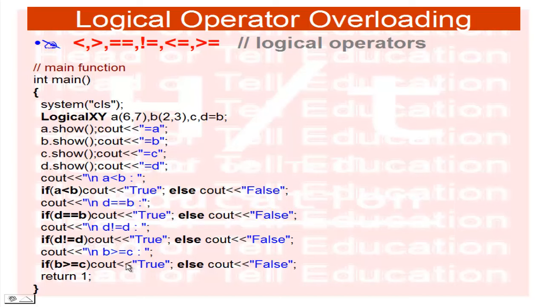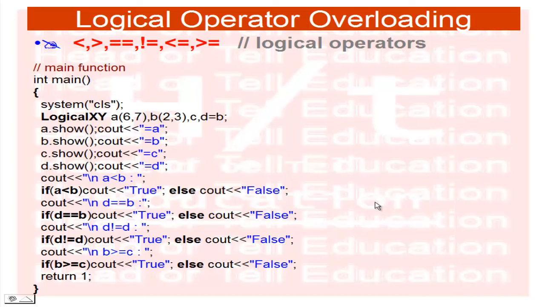And b is greater than equal to c, so again we check the comparison for our class and the result is true or false. So you have seen this feature applying less than, greater than logical operators for my class. Logical xy is not a standard data type, it is a custom data type, and I am using logical operators for our custom data types.